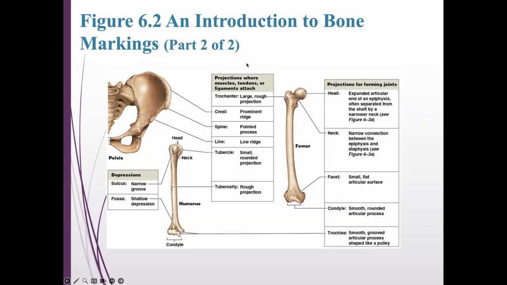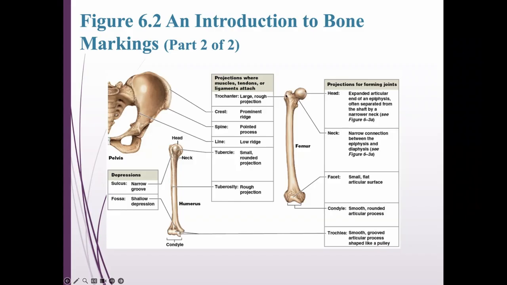All right, so with the projections where the muscles, tendons, and ligaments are going to attach, some of these you're going to find are very similar throughout the bones, and some of them not. They might be specific to specific bones. But overall, we have kind of a generality of what these types of projections are. So starting with the trochanter, that is going to be a large, rough projection.